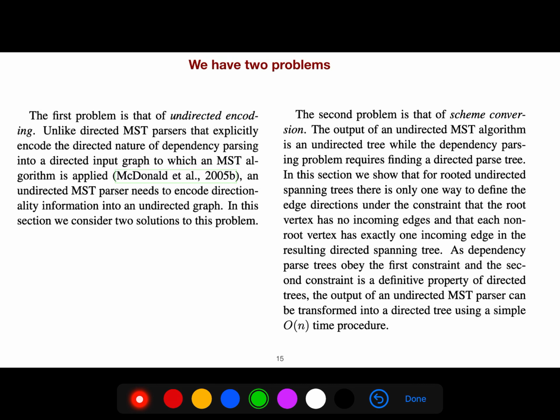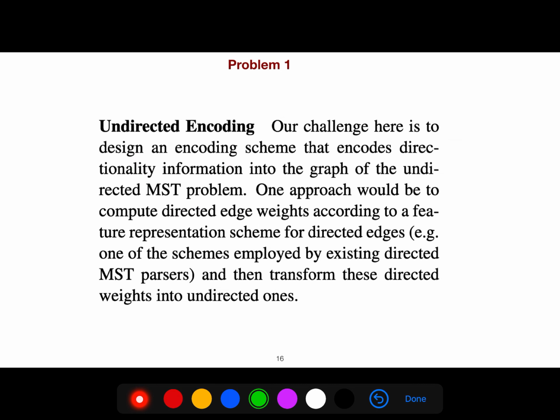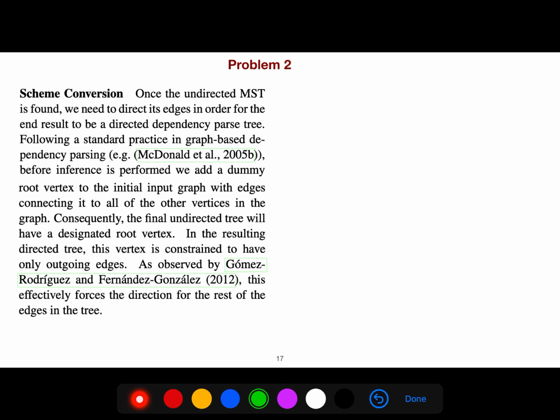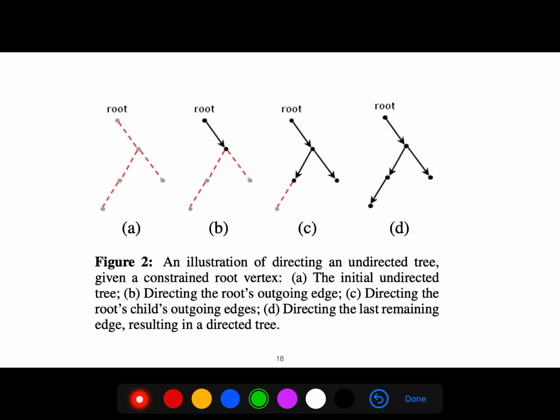And so we have 2 problems. Problem 1 is undirected encoding, because we want to design an encoding that encodes the directionality information into the graph of the undirected maximum spanning tree. So how do we deal with that, going from undirected to directed? The second one is that once the undirected tree is found, we need to direct its edges in order for the end result to be a directed dependency tree.